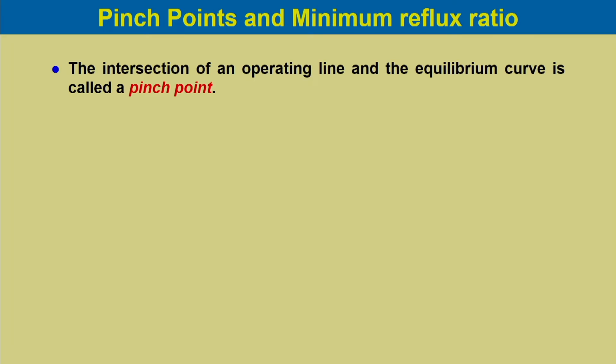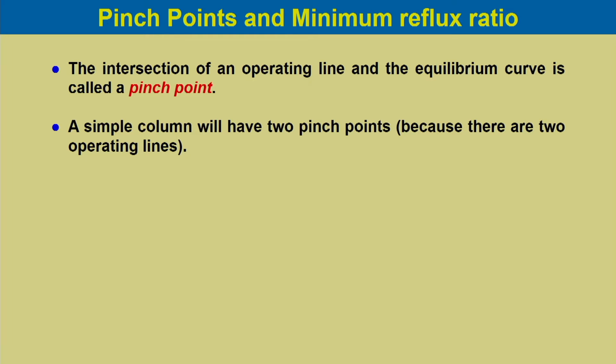The intersection of an operating line and the equilibrium curve is called a pinch point. So, by definition it is the intersection point between the operating line and the equilibrium curve. A simple column will have two pinch points because there are two operating lines, one is the rectifying section operating line and the other is the stripping section operating line.